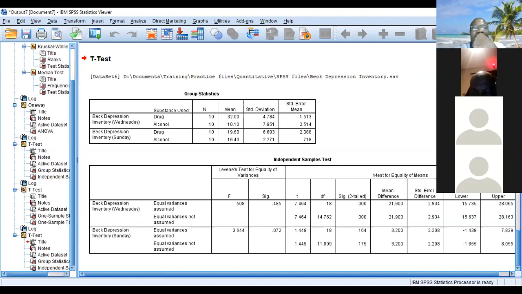You remember? If you look at it now, the Wednesday one is significant. Look at the T. Look at the P value. Look at the confidence interval, both positive. For the Sunday, somebody is making noise.